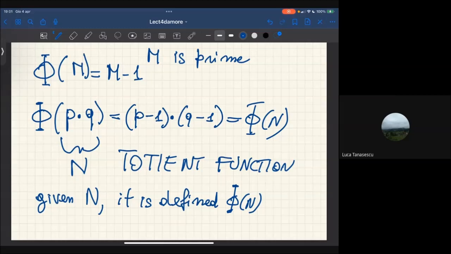Phi of n is not public because for computing phi of n, it is necessary to know p and q.